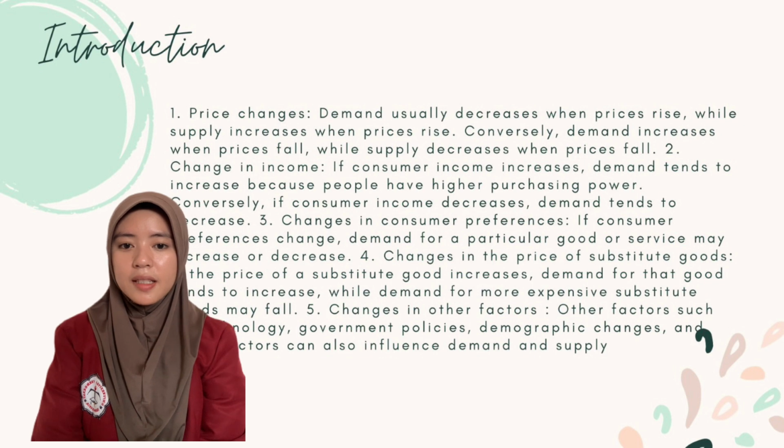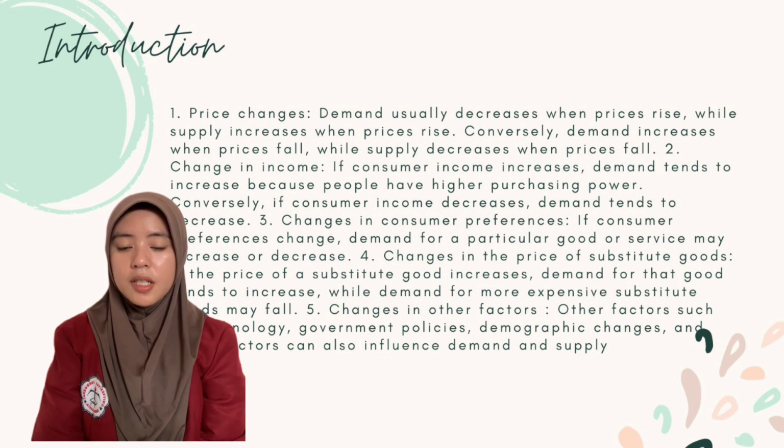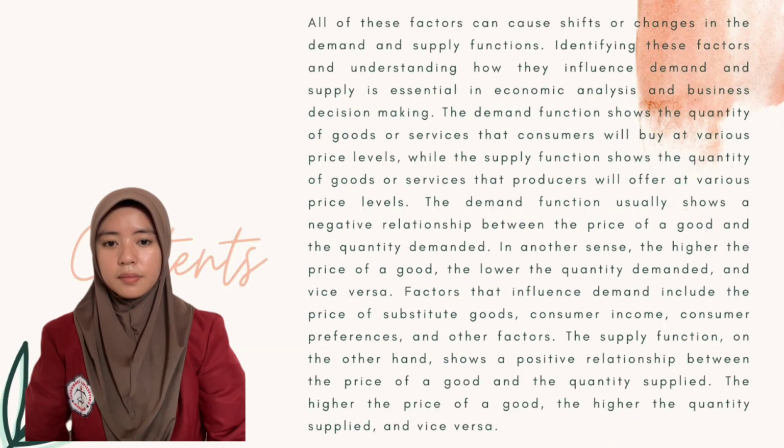In other words, the higher the price of a good, the lower the quantity demanded, and vice versa. Factors that influence demand include the price of substitute goods, consumer income, consumer preference, and other factors.